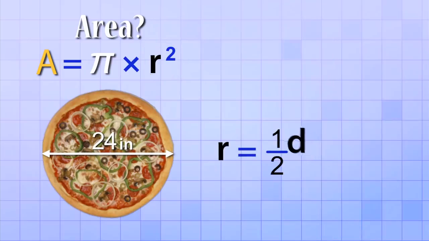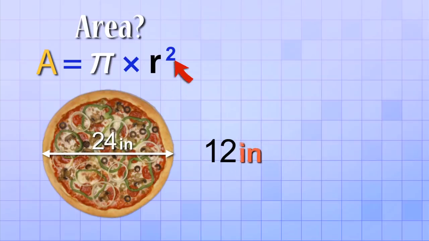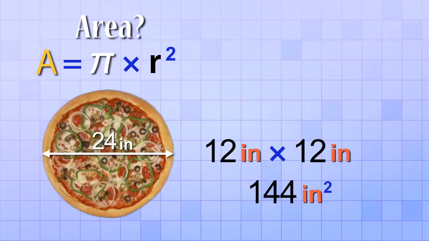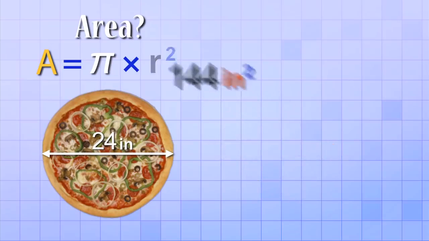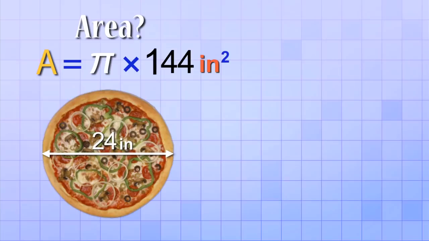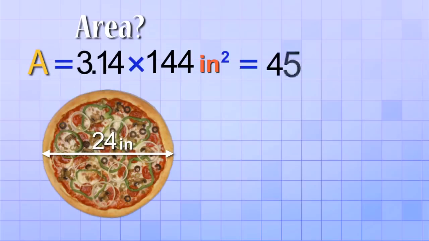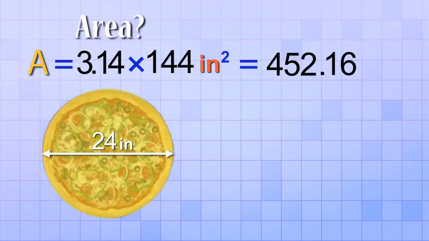So we just need to divide the diameter by 2. 24 inches divided by 2 gives us 12 inches for the radius. And now that we know the radius, we need to square it. 12 inches times 12 inches equals 144 inches squared. Next, we just multiply that by pi. 144 times 3.14 is 452.16.